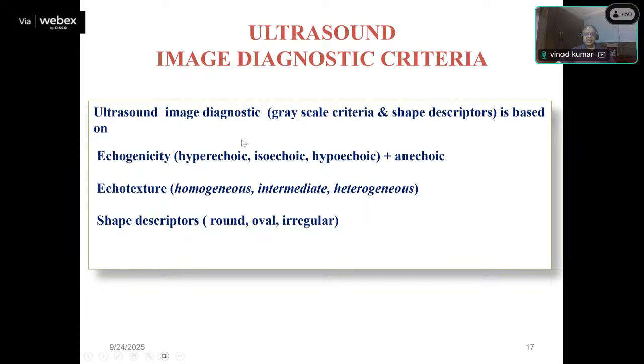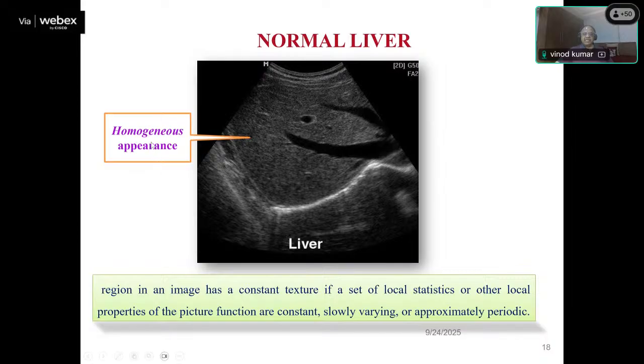We also collected this information and made our database with respect to these parameters for each and every tumor class. I will just show you some liver images. This is the liver, and this is a blood vessel.